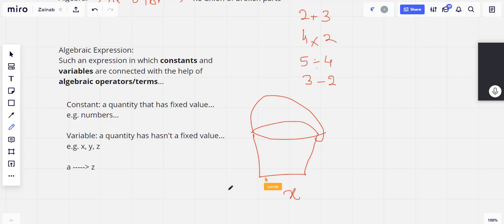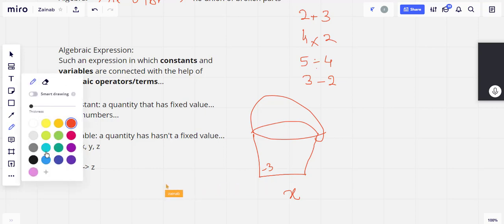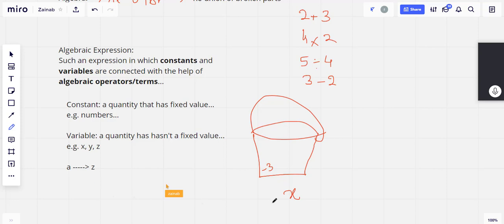And now let's take an example of numbers. So let's say I'm writing here a number, -3. Now I want you to write a number in the bucket.